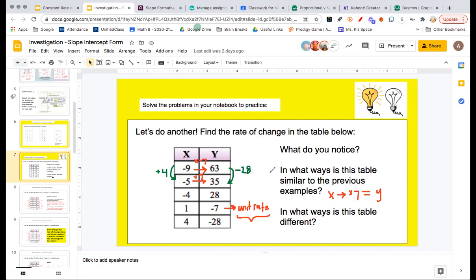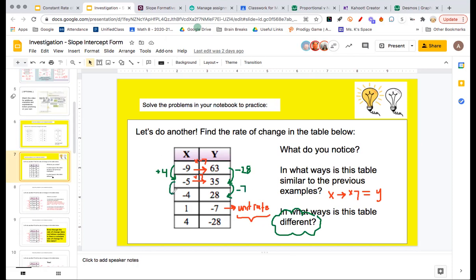What else? So Miss, I have a question because it's not like consistent because 35 minus 28 is not 28. So what's different, right? In this example, Anna's noticing, oh, from here to here, it's -7.